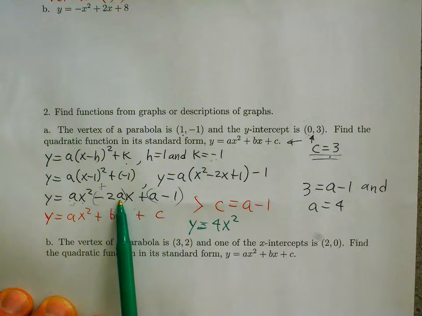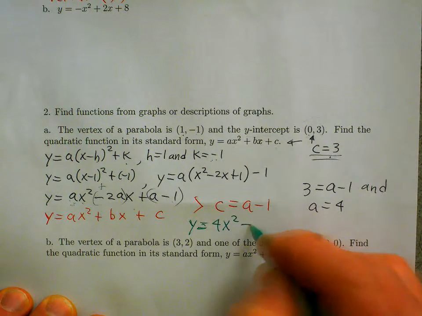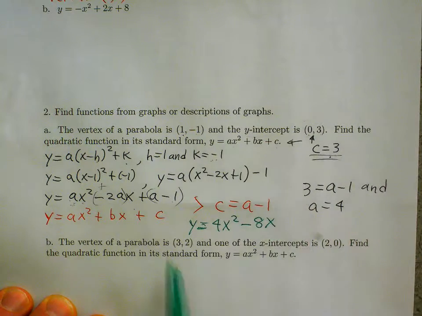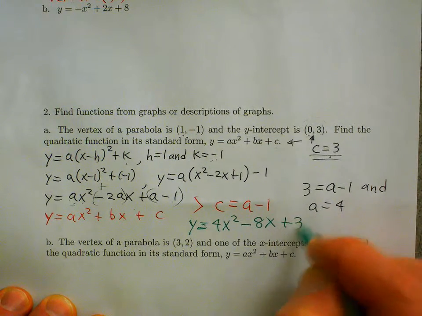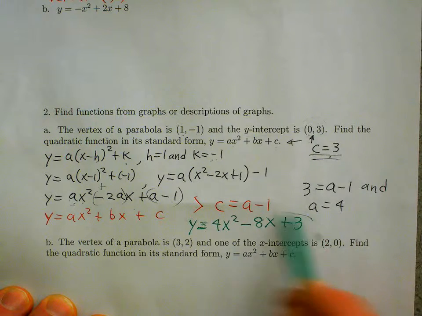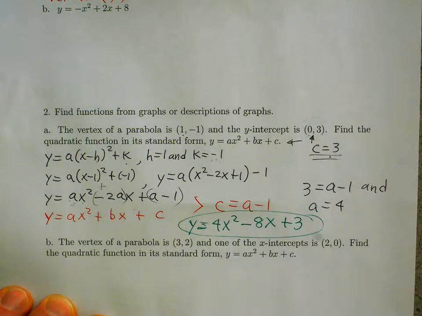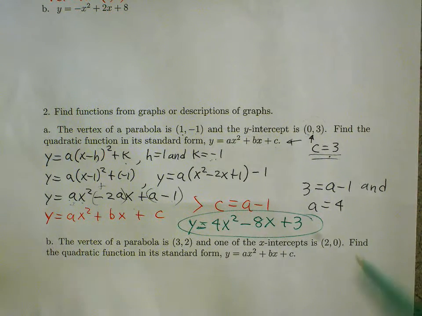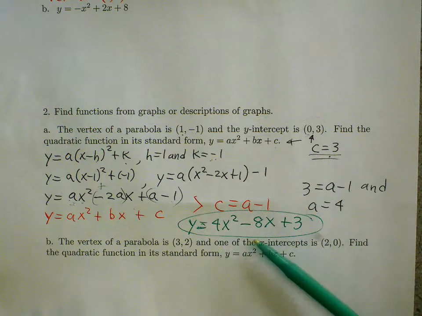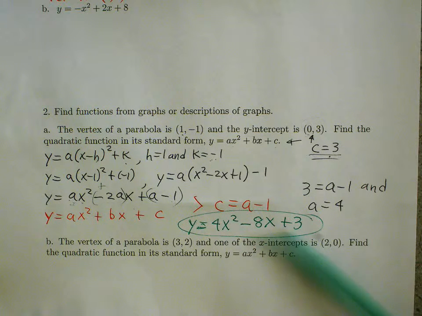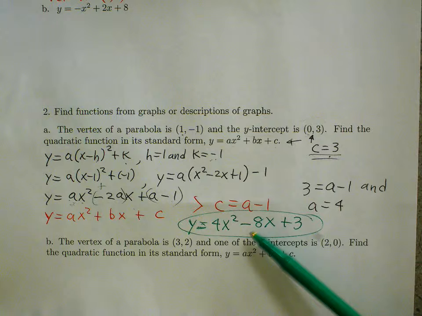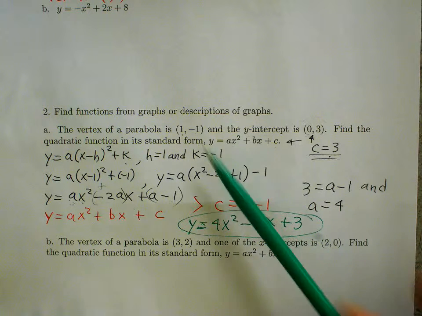Well, since a is 4, this is minus 8x. And then plus c, which is plus 3. Okay, if you're in doubt, you can verify that this is correct or not just by using the information.